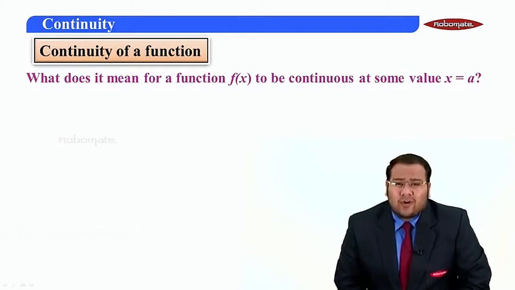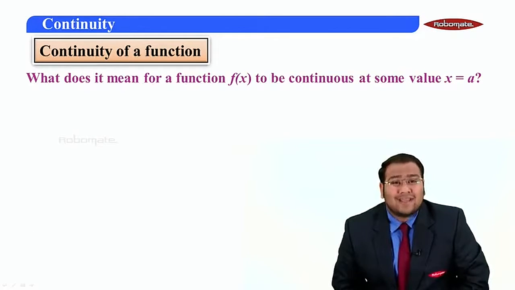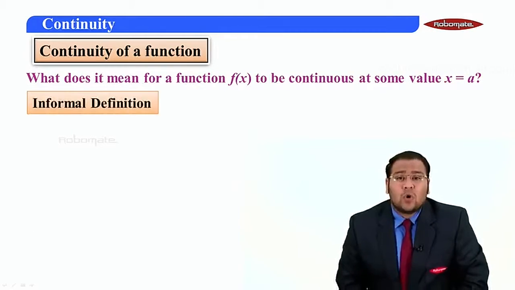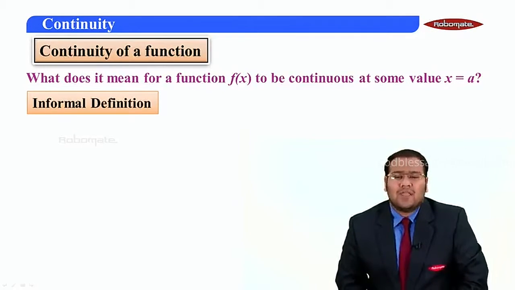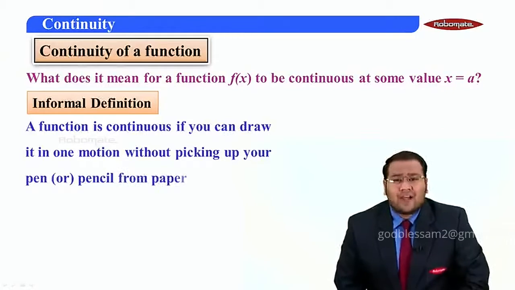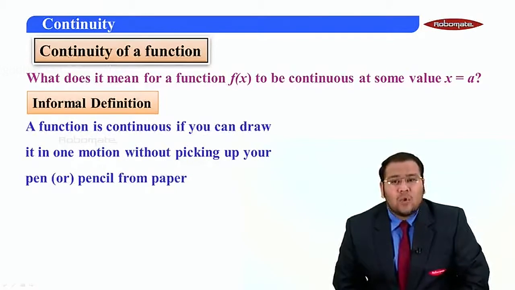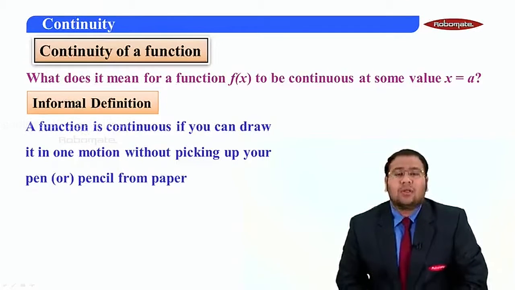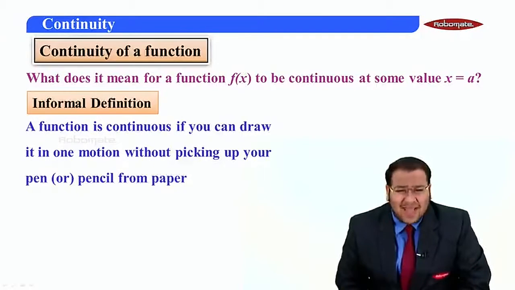So, what exactly is the continuity of a function? What does it mean for a function f of x to be continuous at some value x equal to a? Let's learn it first in an informal way. A function is continuous if you can draw it in one motion without picking up your pen or pencil from the paper.